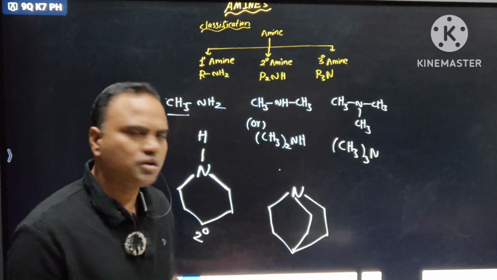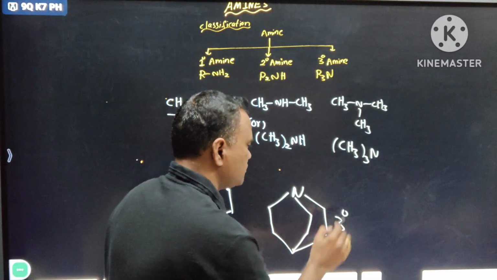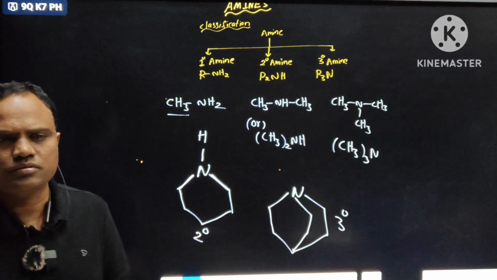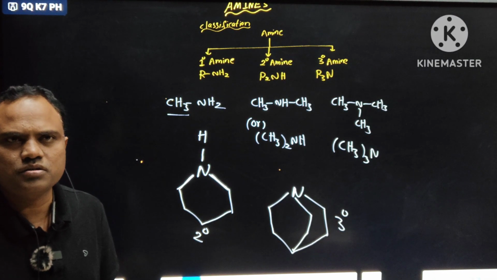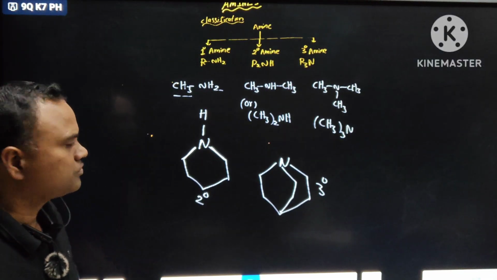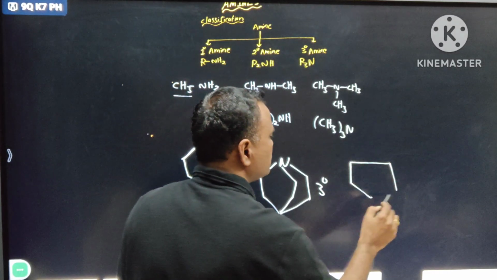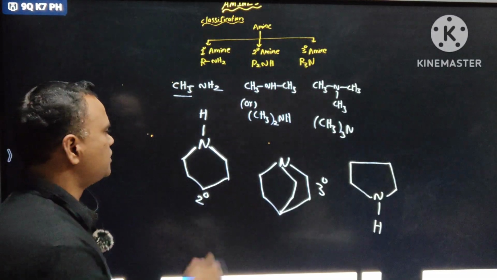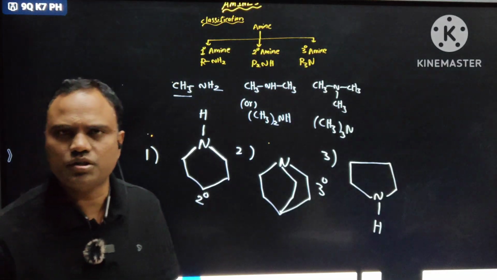How many bonds are present around nitrogen? 3 bonds. So this is tertiary amine, 3 degree. Do you have any doubts in this? You tell me, the third one is which amine? 2 degree amine.